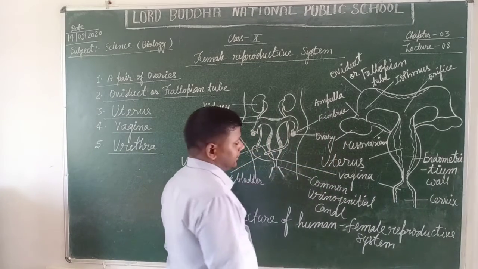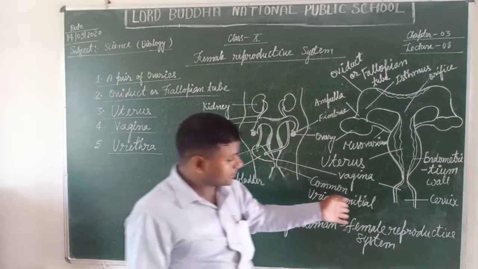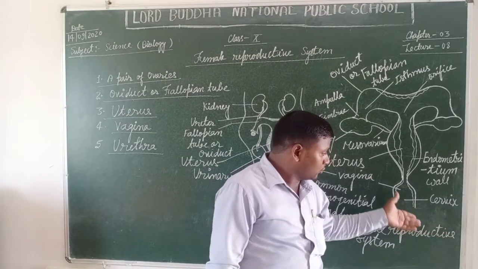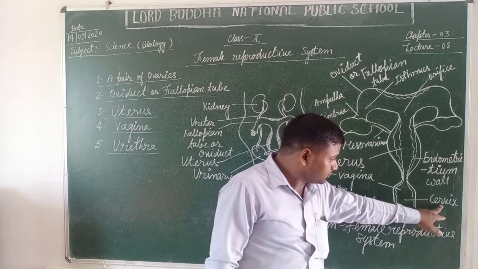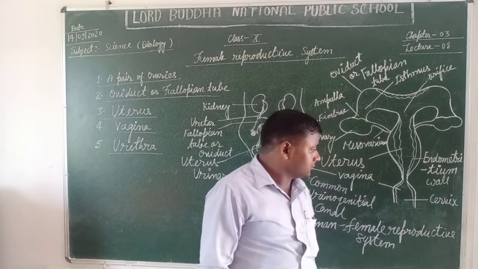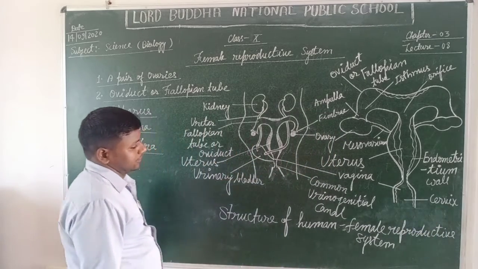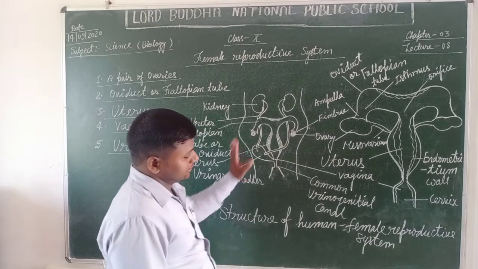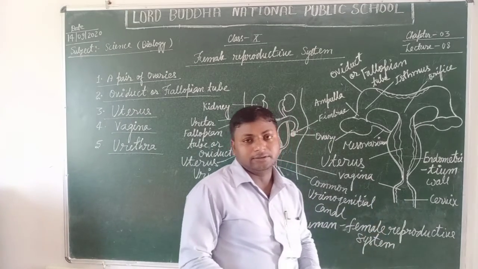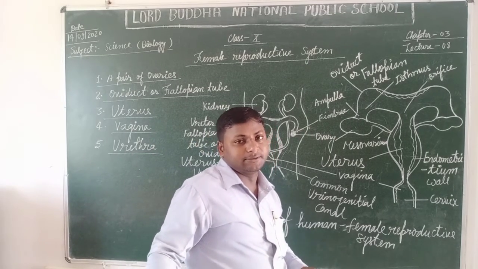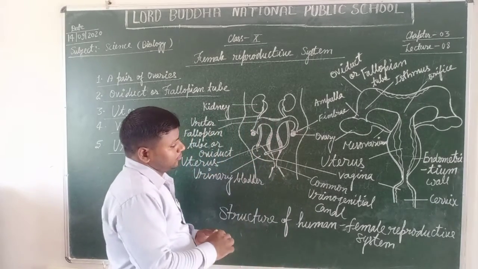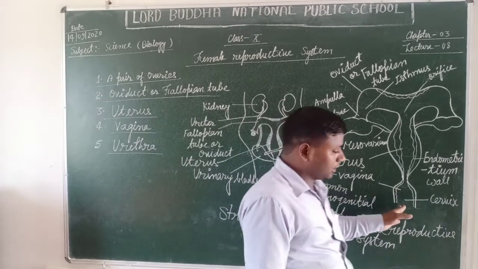It is a long, cylindrical, thick muscular structure about 3 to 5 cm long. The end of the vagina is called cervix. The cervix is lined by round or radial shaped muscles, also called sphincter muscles.